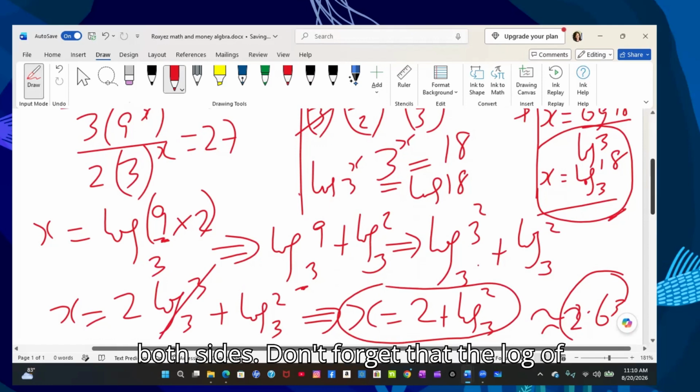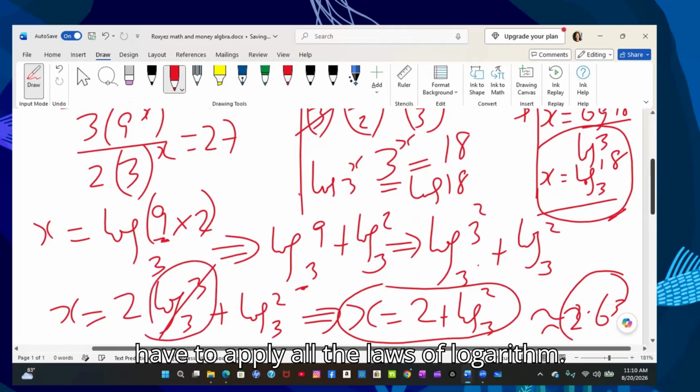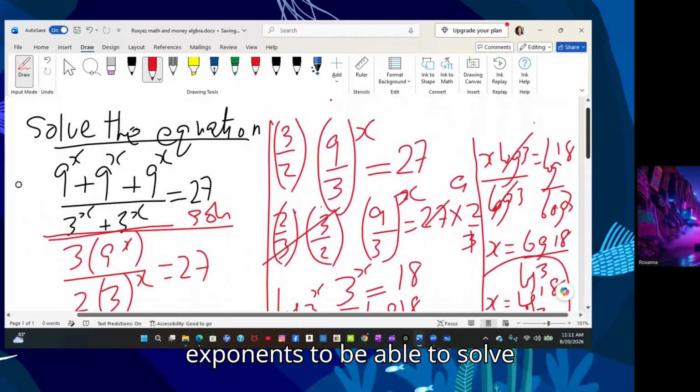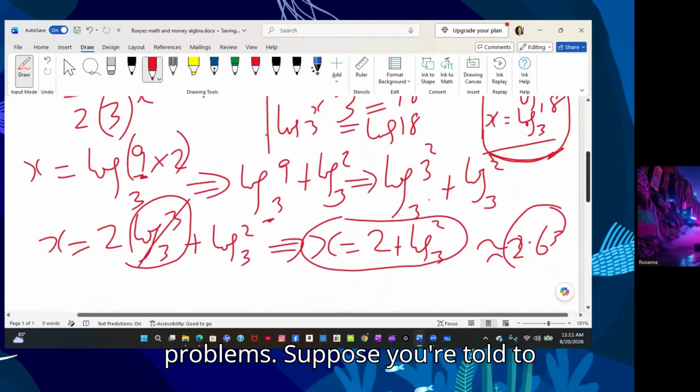Don't forget that the log of any number to its base is 1. You have to apply all the laws of logarithm. Remember also that if you have an answer like this, you can change it to common base. You should be able to remember all the laws of logarithm, all the laws of exponents to be able to solve problems.